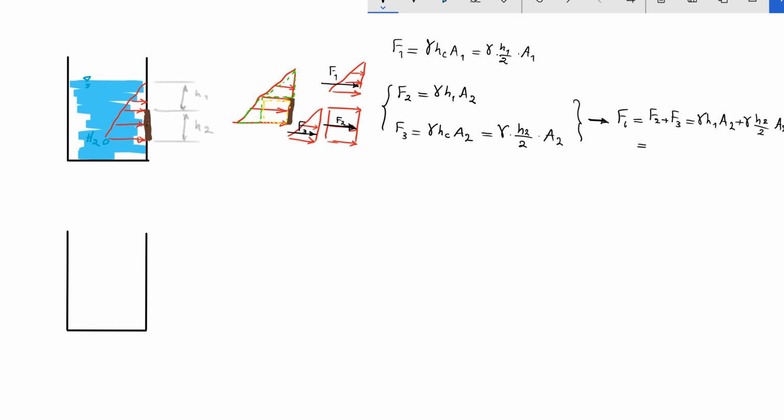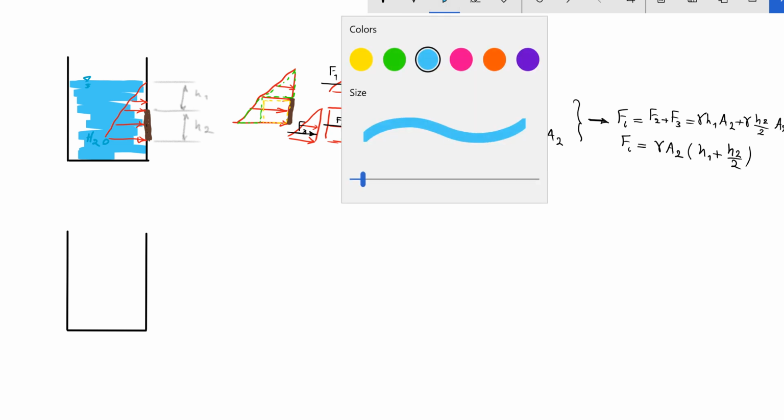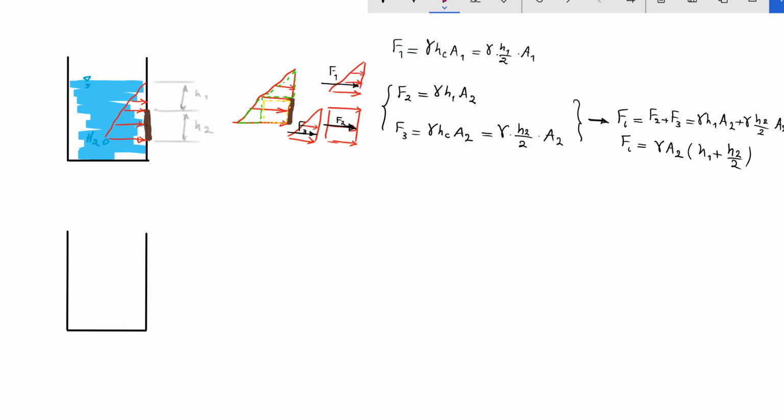Let's simplify a little bit. Gamma and H2 we can factor, and it is going to be H1 plus H2 divided by 2. If you check textbooks, in the case of the same liquids for the top and bottom side, they are going to suggest using this formula for the lower piece. But this is not the general formula. Usually we have the second case, or we could have the second case.